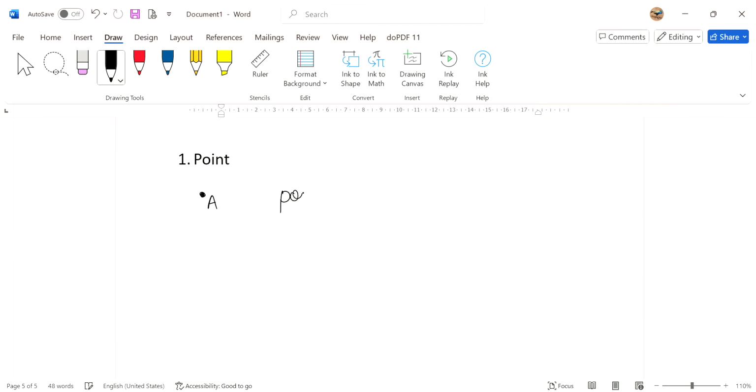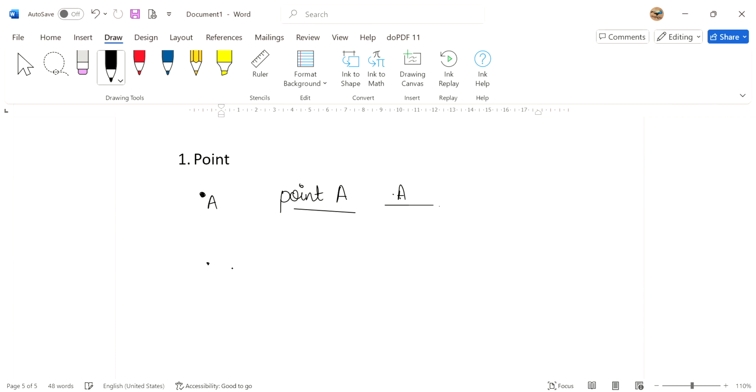You can refer to it as point A, or you can refer to it as point A. When you're writing theoretical explanations, like giving reasons or telling why you're assuming something, you will write like this. And when you're just referring to it in a mathematical form, you will use this.